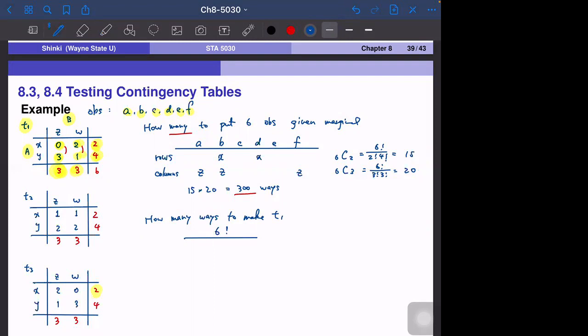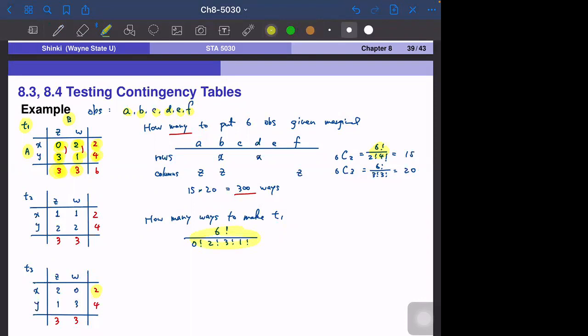Basically we choose 0 observations here, 2 observations here, 3 observations here, 1 observation here. So that is the multinomial case. The total number of ways to put A, B, C, D, E, F in this way is 6 factorial divided by 0 factorial, 2 factorial, 3 factorial, 1 factorial. If we have 2 terms, this is a combination, but if we have multiple terms, that is this number.